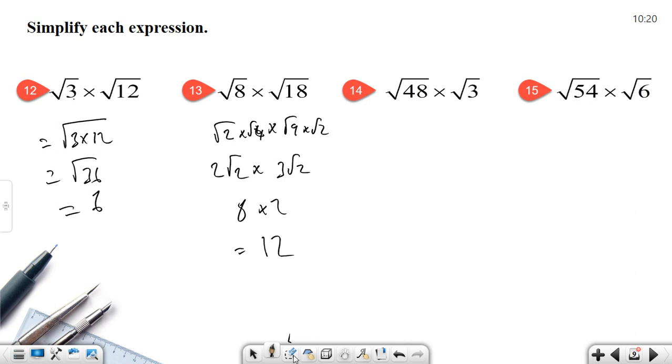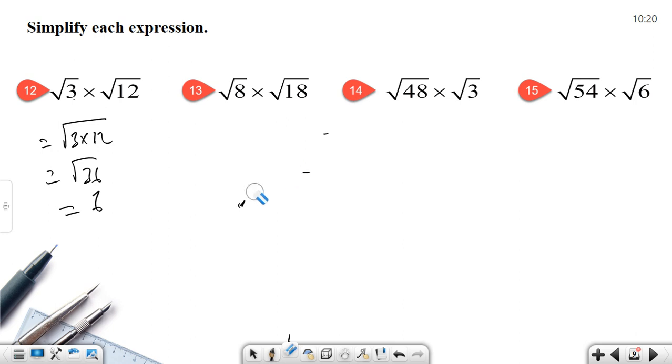That's another method. I couldn't write clearly. I am sorry. Let's write everything again clearly for these steps. What I did, of course, 18 times 8 works out to 144. If you don't realize it's a perfect square number, you can solve it by that method. 4 times 2 is 8, multiplied by 9 times 2 is 18.